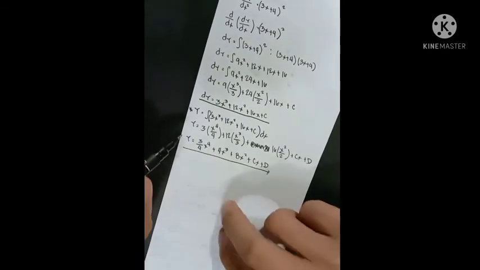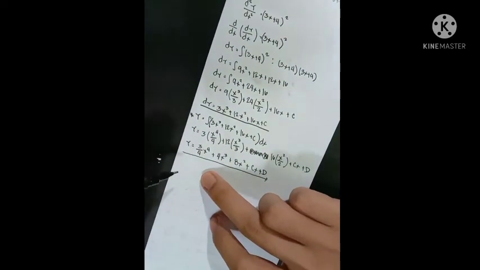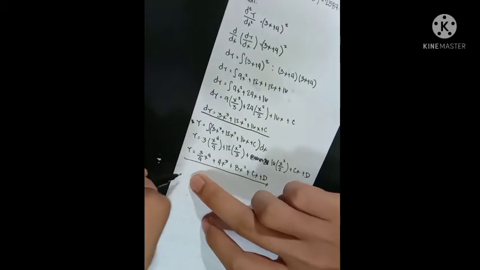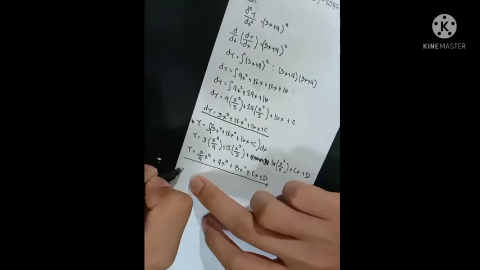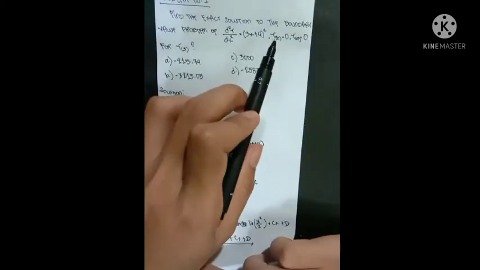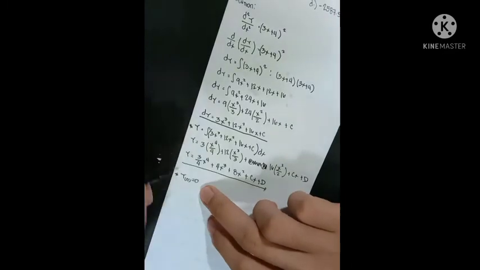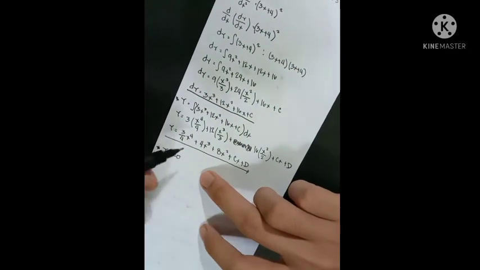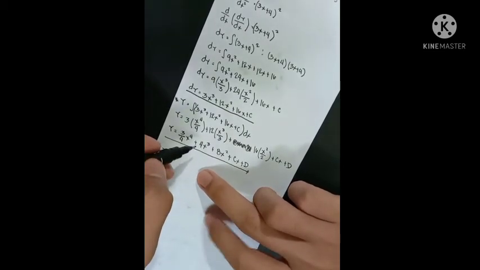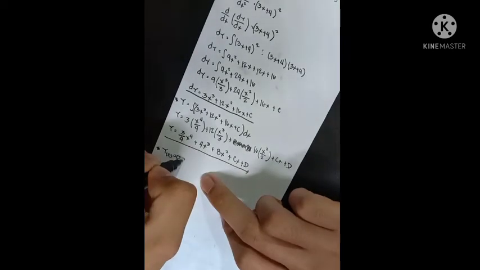Since we found the equation of our y, now we set the conditions. For y(0) equal to 0, we find the value of our d.